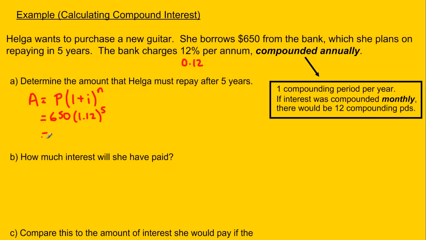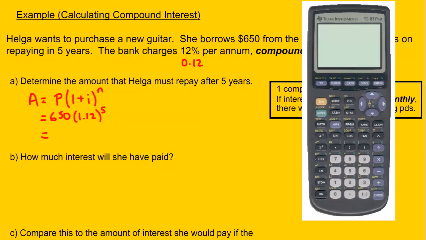Well, let's plug these numbers into our calculator. 650 times 1.12 to the exponent 5. Remember, BEDMAS does matter. So 650 times 1.12 to the exponent 5. And we get $1,145.52.